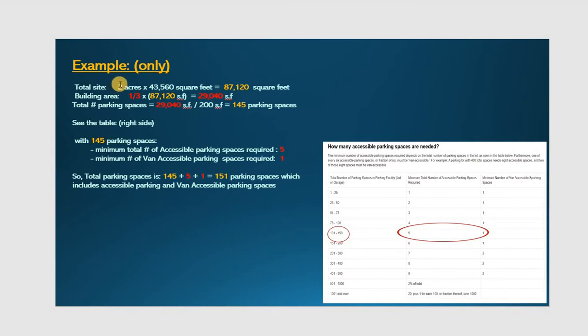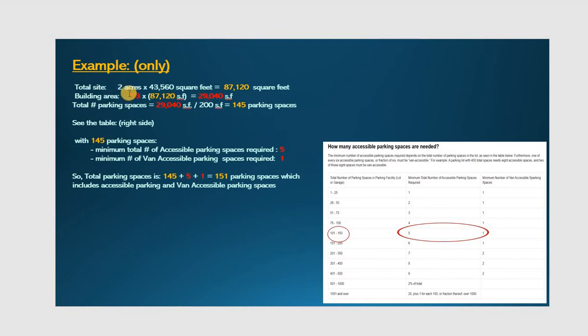So the first one, this is the example. I give you a size of 2 acres, and 1 acre is 43,560 square feet. So if I have 2 acres, I multiply by 2 and I get 87,120 square feet for the site. When you study from the very beginning, the building is usually 1/3 or 1/4 of the site. That means the building is always smaller than the total site. In this case, I use 1/3.